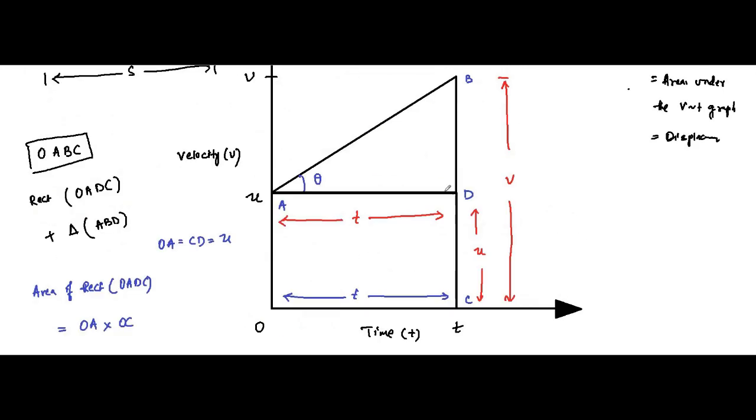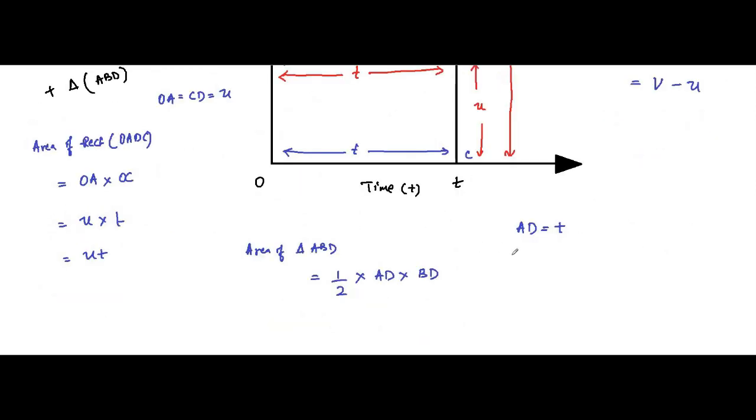Now BD is nothing but BC minus CD. If you pay attention here, BC is equal to the final velocity magnitude and CD is equal to the initial velocity. So BD is equal to v minus u.